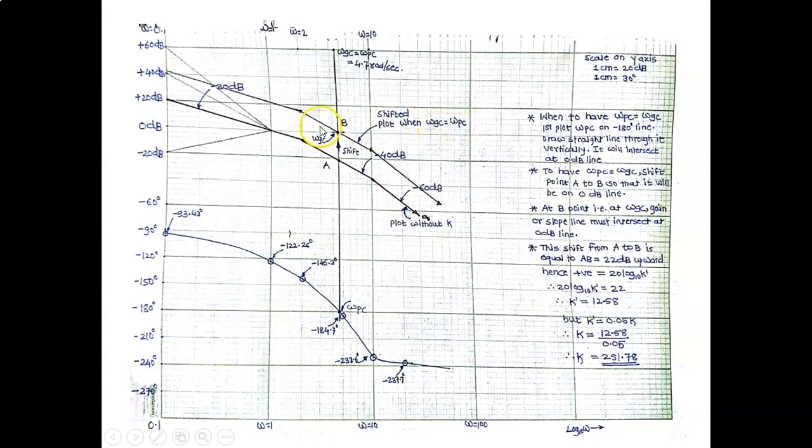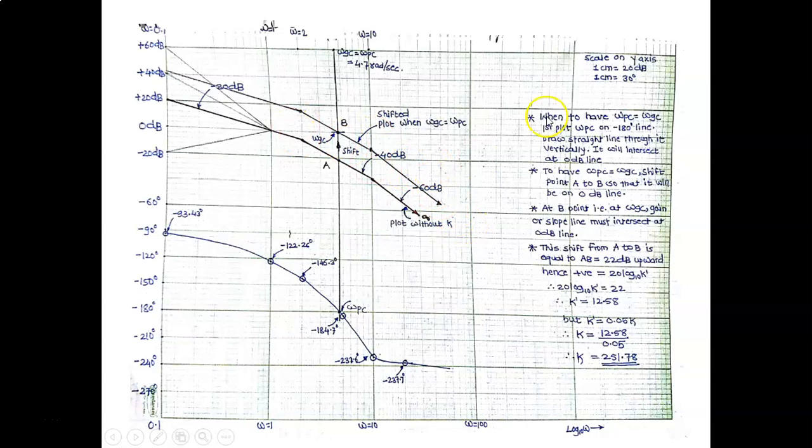From this point, draw a plot parallel to our plot without K. Draw from 2 to 10, slope is minus 40, 10 to infinity, slope is minus 60, drawing a line parallel to this, and from 0.1 to 2, slope is minus 20. Draw a parallel line to this line, like this.